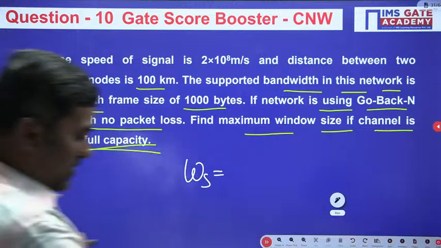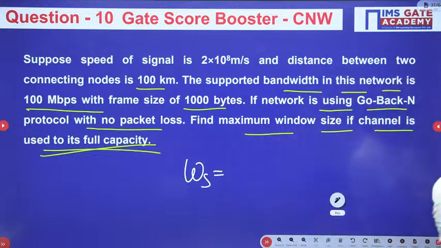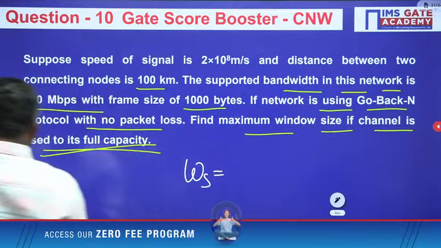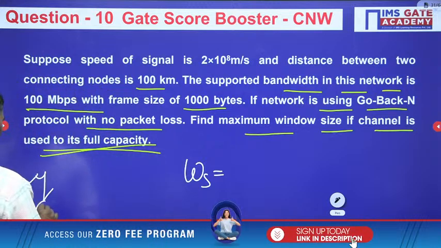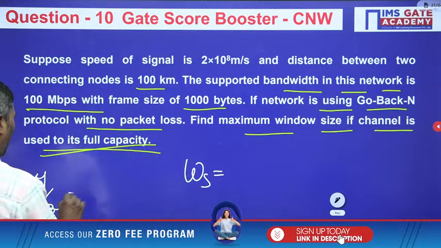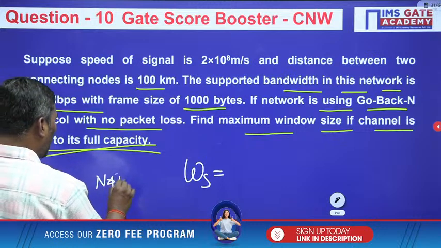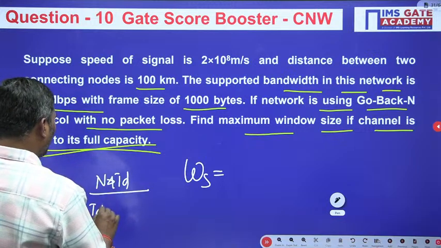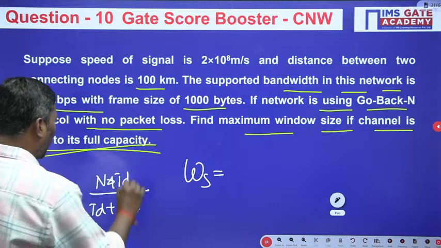Yes, what is the answer? So the efficiency of the GBN protocol is N into transmission delay by transmission delay plus 2 times propagation delay.